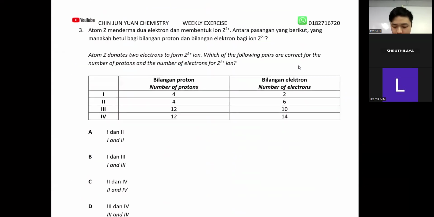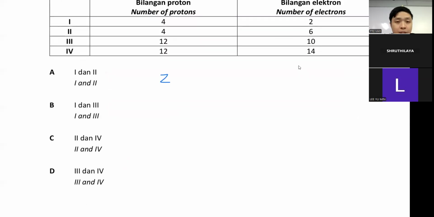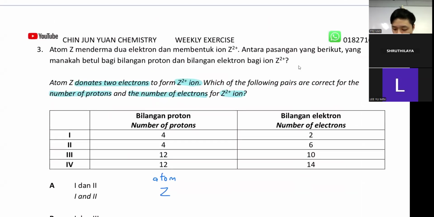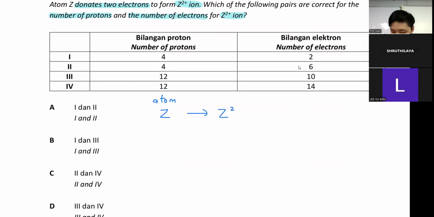Number 3. Atom Z donates 2 electrons to form Z2+ ion. Which of the following pairs are correct for the number of protons and number of electrons for Z2+ ion? So Z at the beginning is atom Z. They already told you that if it donates 2 electrons, it becomes Z2+.